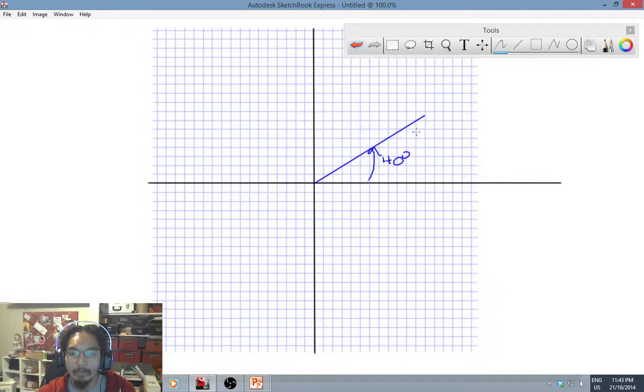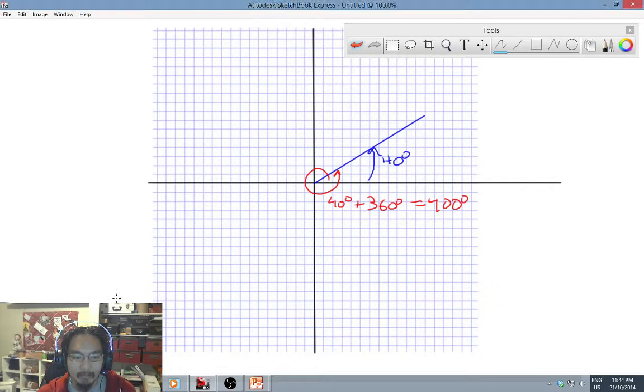One possible coterminal angle, the red one, is if I went once around like that. It's going to be the same 40 degrees, but I have added to it one full circle, which is 360 degrees. So 400 degrees is one possible angle.